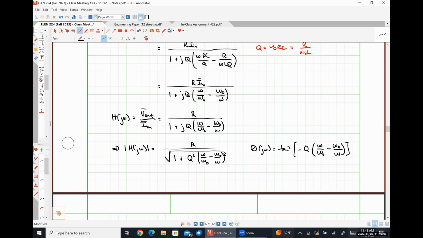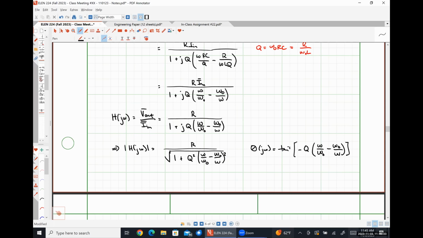So what are our half power frequencies for this thing going to be? Okay, so when we had our series RLC circuit, we had a ratio of voltage to voltage. And so we were looking at when it was 1 divided by the square root of 2. Our half power frequency is going to be, in this case, whenever we have R divided by the square root of 2, because that's going to be exactly 3 decibels lower than our peak value, right?